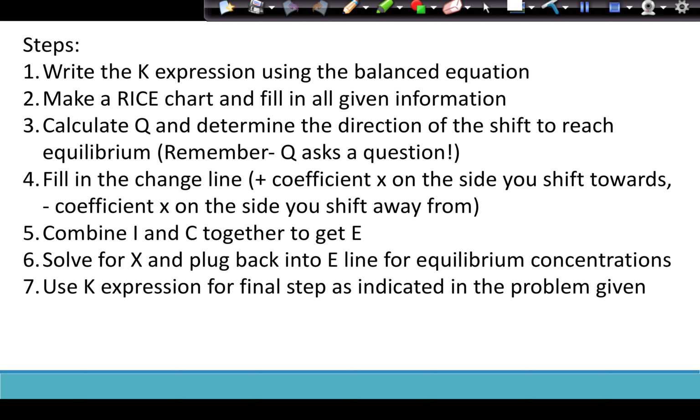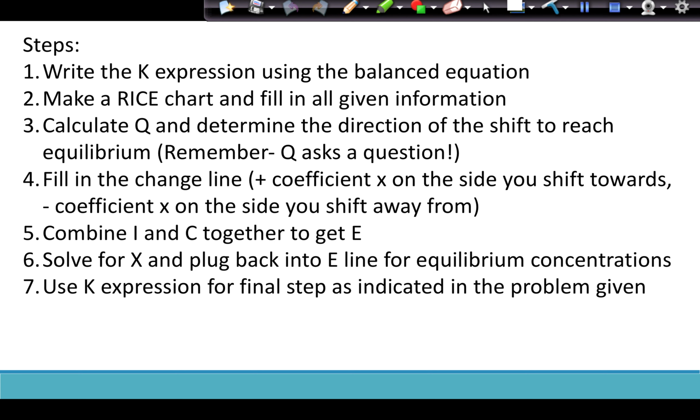Once you decide which side has to increase in concentration, you put plus coefficient x on that side, minus coefficient x on the other, because remember, in order to make products, you have to use reactants and vice versa. You read down to combine the initial and the change together, because the initial combined with the change gives you the equilibrium concentration.